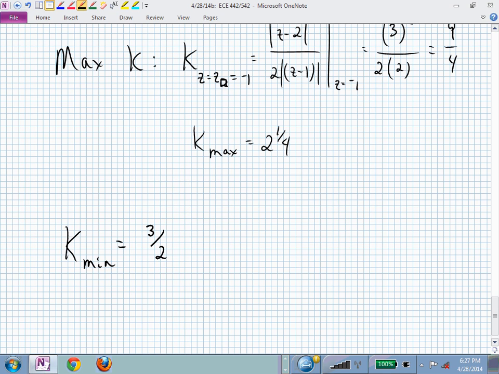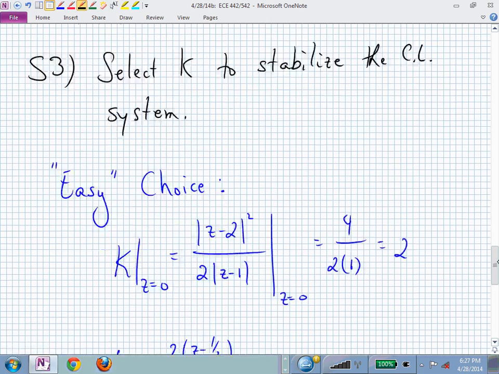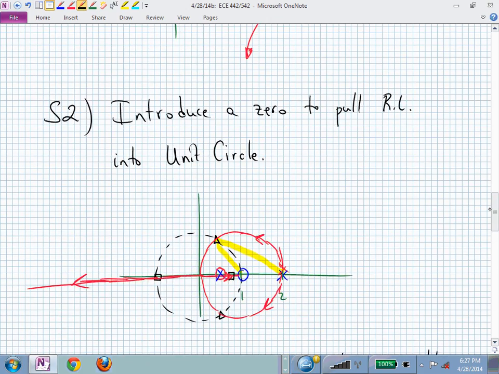But I selected the pole and 0 in that controller to make my design easy. I put my pole of the controller right on top of the pole at 2, and I put my 0 right on top of the pole at 1/2.